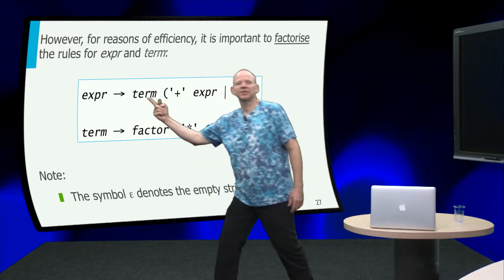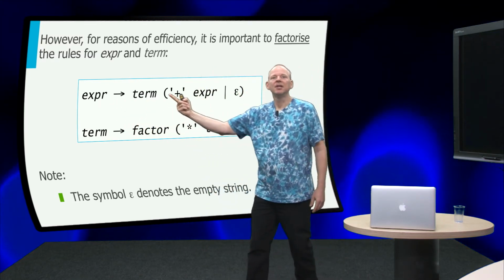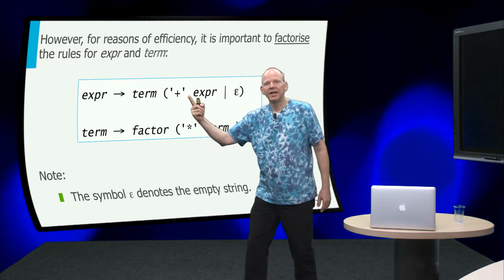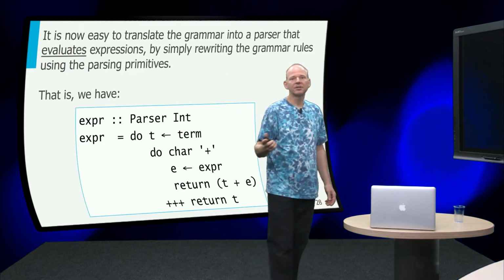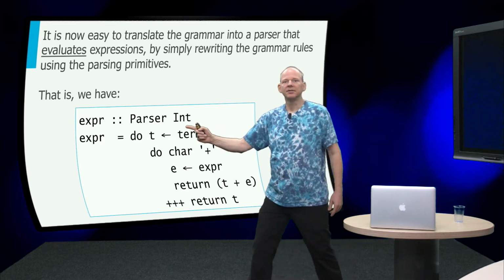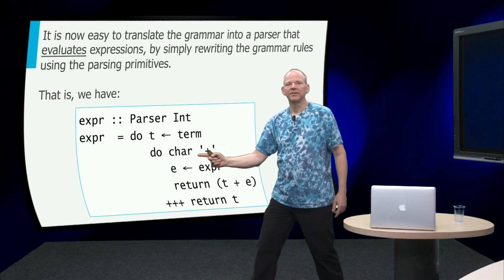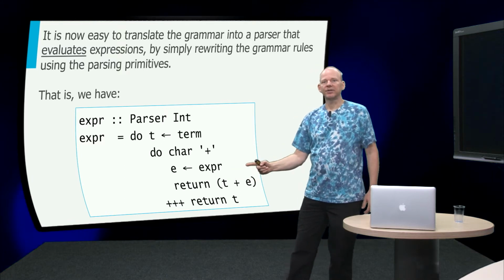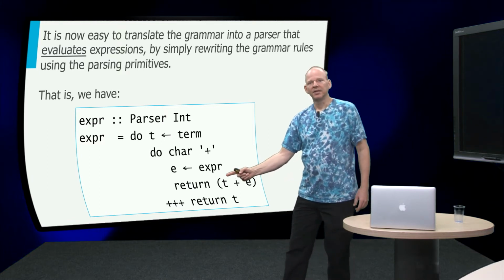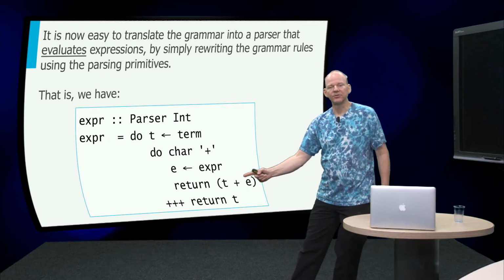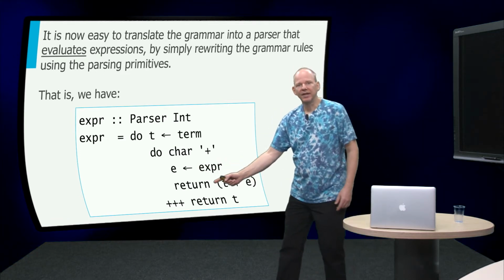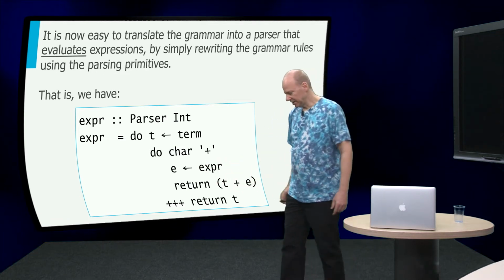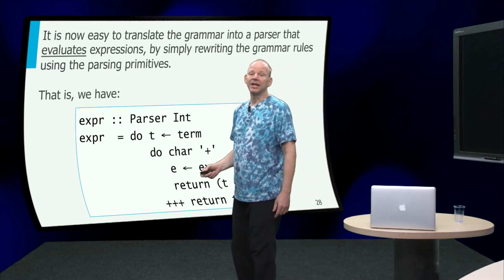Okay? So if we take this, we can now immediately translate this definition into the recursive form here. You see, an expression is defined in terms of an expression, but there's first a term, and then it recognizes the plus. So you see here, expression recognizes a term, then a plus, and then an expression, and then it returns the term plus the expression, and then this one is the empty case.